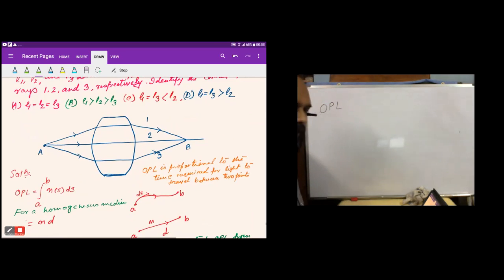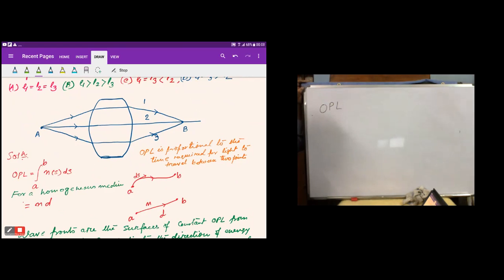So basically, it is proportional to the time required for light to travel between 2 points. So 2 points A and B, the distance between them is D, and there might be a refractive index.